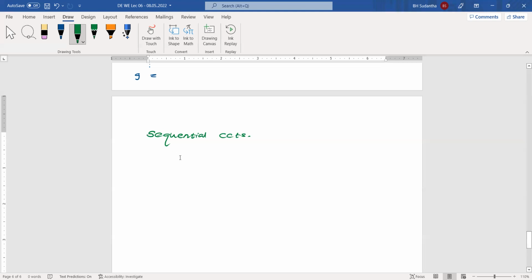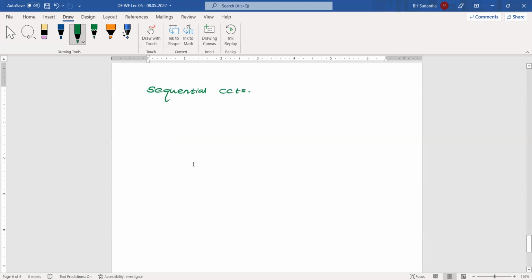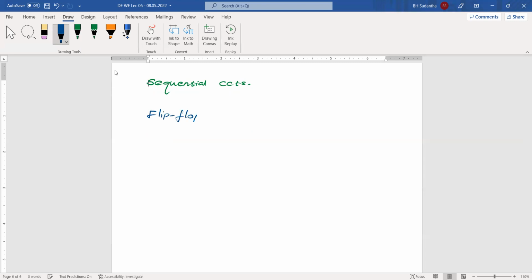When we make sequential circuits, we have a different type of building blocks, and the sequential circuit building blocks are flip-flops. Actually, here we are going to discuss three types of flip-flops.